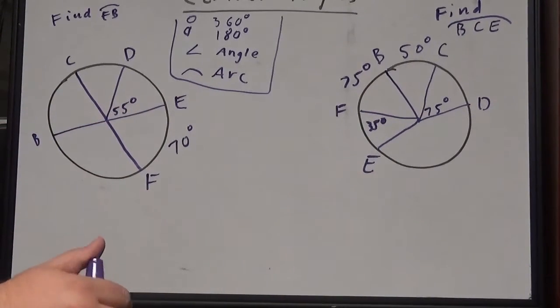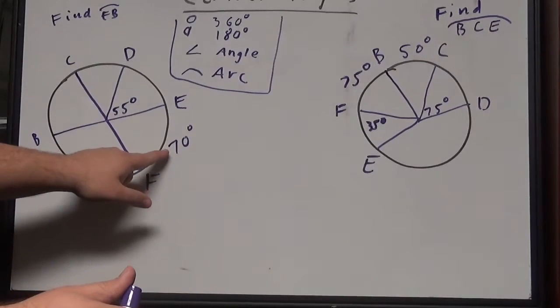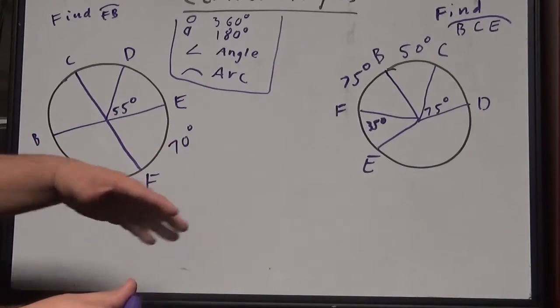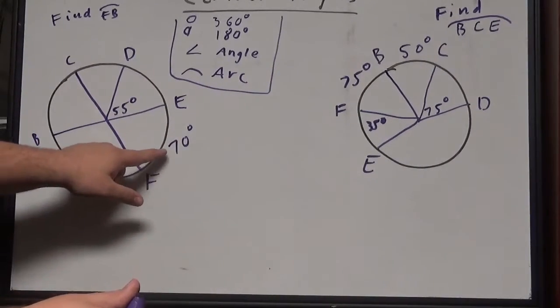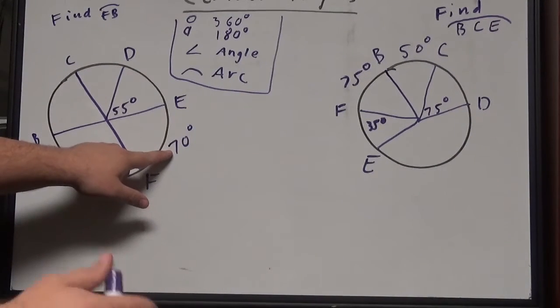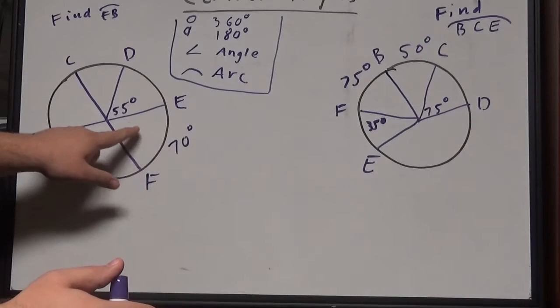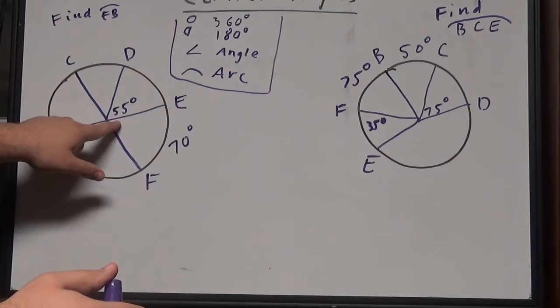When we're talking about central angles, the last prerequisite I want to get to: the measurement of the arc is equal to the measurement of the corresponding angle.